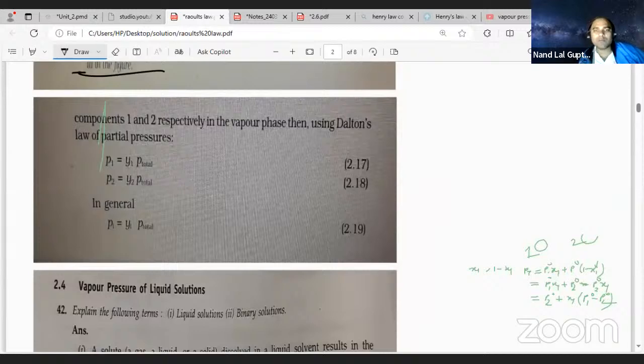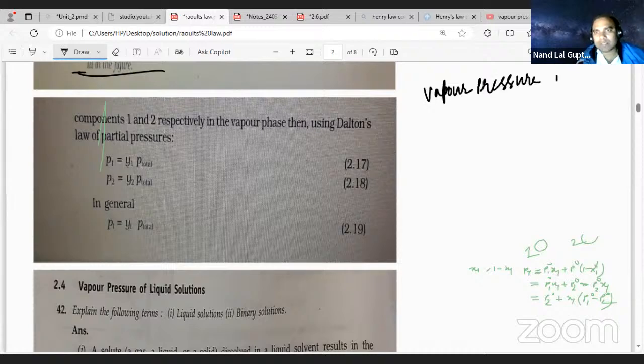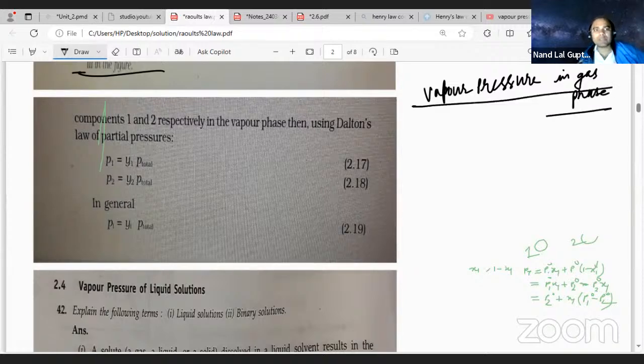Okay. Now, for vapor pressure in the gas phase, which is a different case, P1 is equal to y1 into P total.